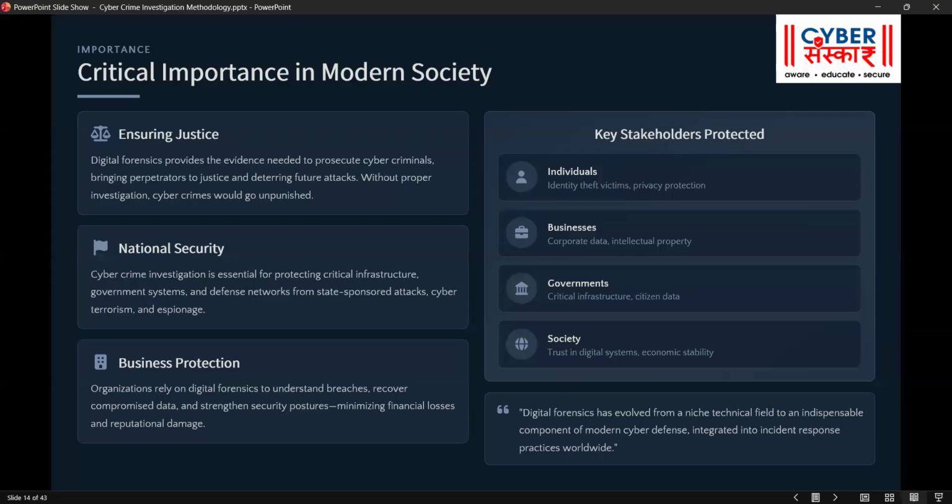You might have seen that most of your letters are coming computer oriented. So organizations now totally rely on digital forensics to understand breaches, recover compromised data, and strengthen security postures, minimizing financial losses and reputational damages.